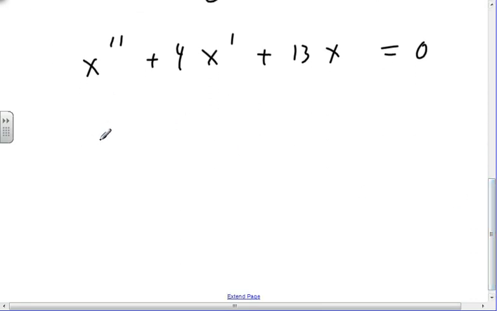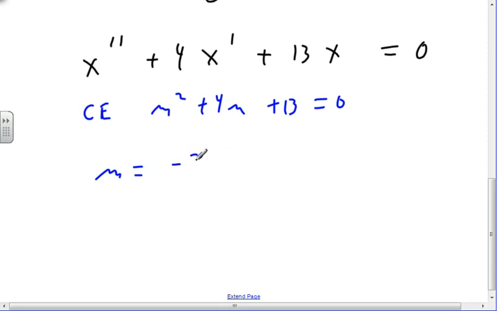Okay, so characteristic equation, m squared plus 4m plus 13 equals 0. m is equal to, using the half quadratic formula, minus 2 plus or minus the square root of 2 squared minus 13.